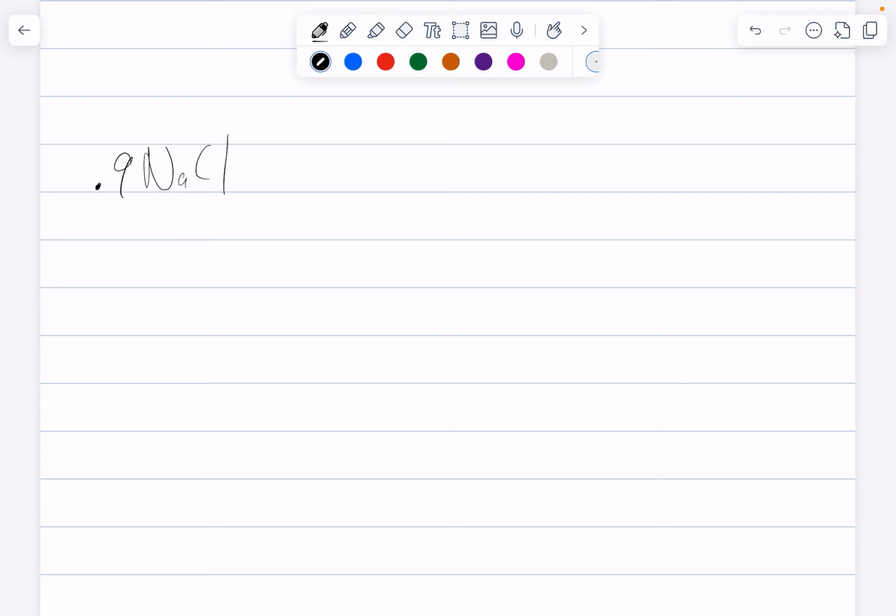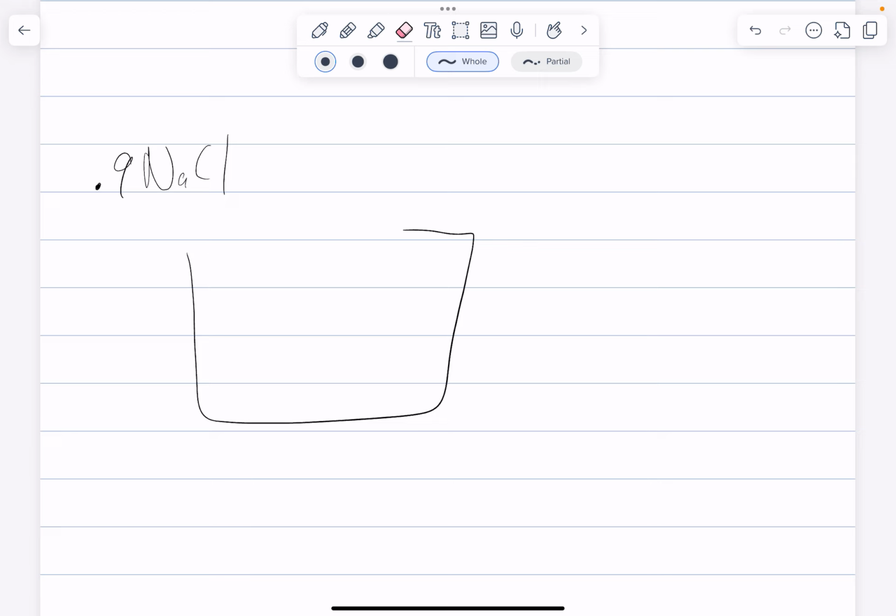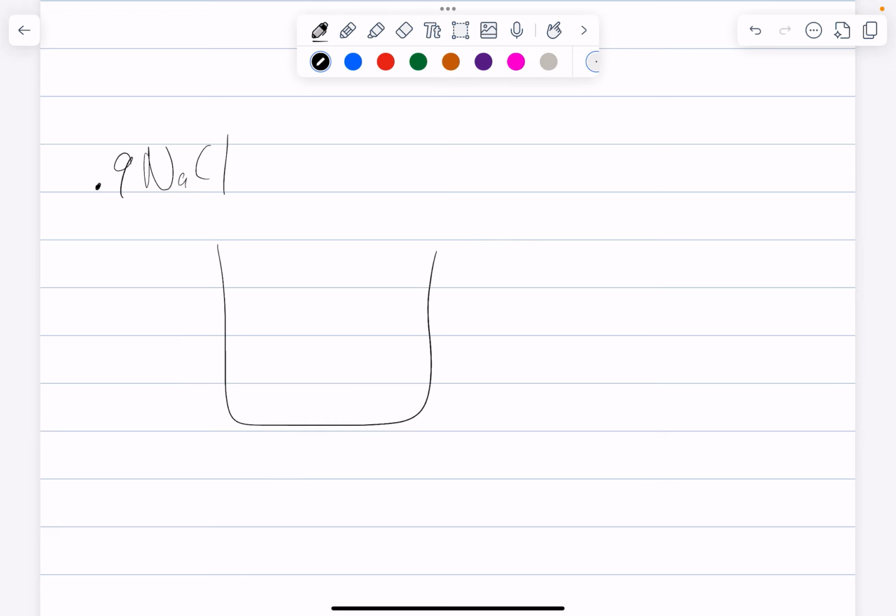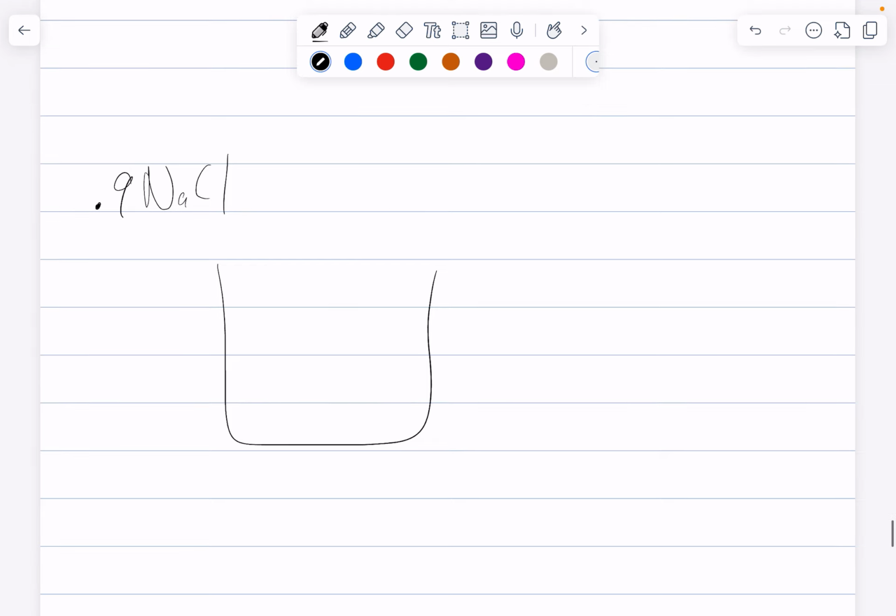We would have 600 milliosmoles in the solution.